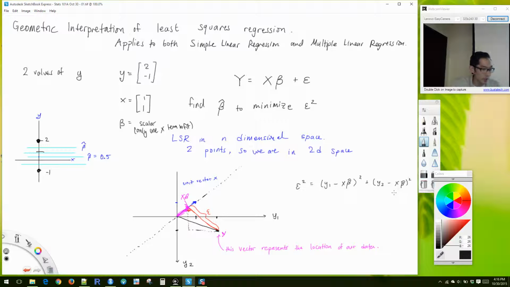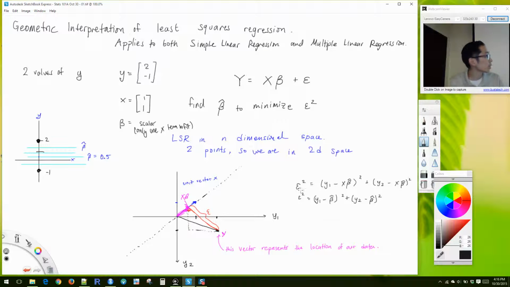Okay. All right, and so our x's are 1s, so I can just reduce this to y1 minus beta hat squared plus y2 minus beta hat squared, right?